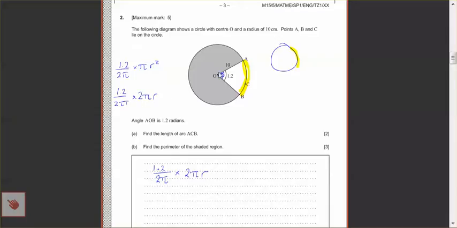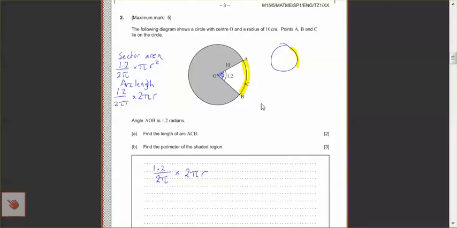Okay. Oh, that's the formula. Oh, yeah. So it's a fraction of the entire circle. So this is sector area, and this is arc length, because arc length or sector area is a fraction of the entire circle. So that's why it's that fraction of the entire circumference.